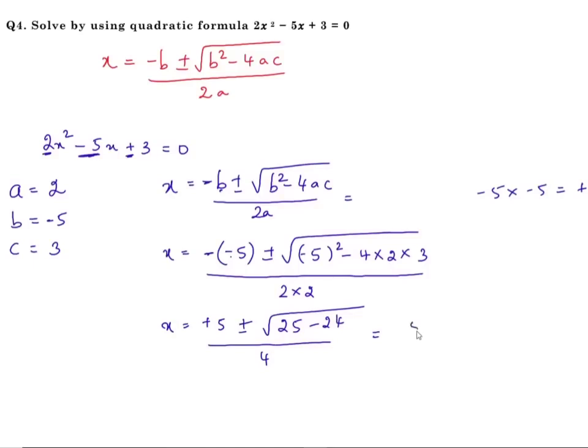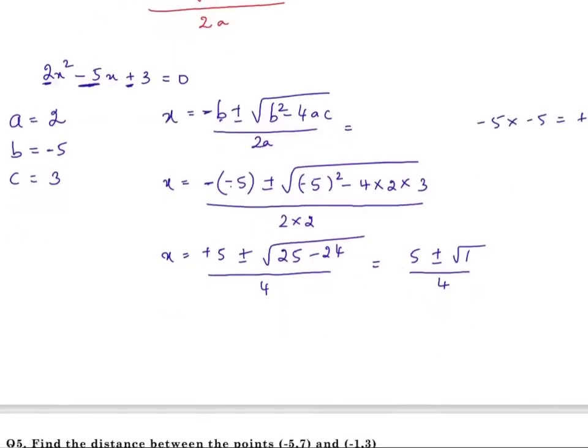What we get is 5 plus or minus 25 minus 24 is 1, whole divided by 4. Now we get x equals 5 plus or minus square root of 1 divided by 4.